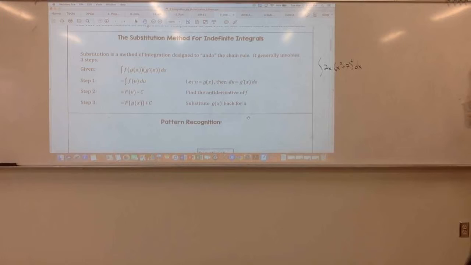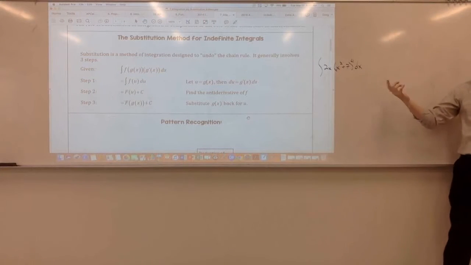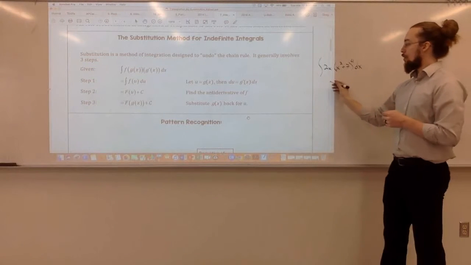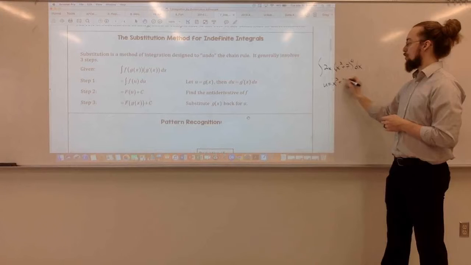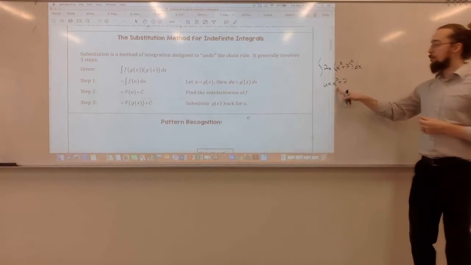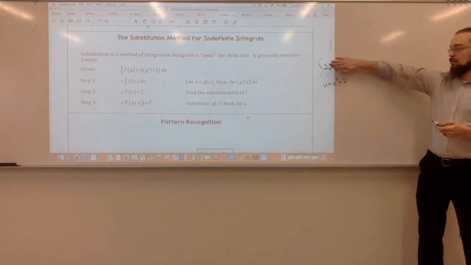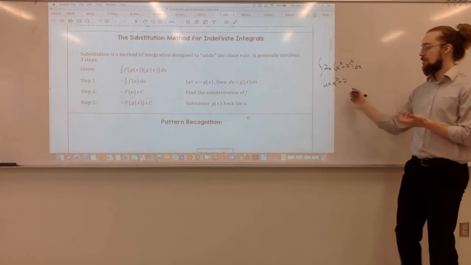So what we do then is take that original piece and call that u. So here I'm going to define u as x squared plus 7. Now, I want to take the derivative of u. I'm ignoring this problem now. I've defined my u to be x squared plus 7.